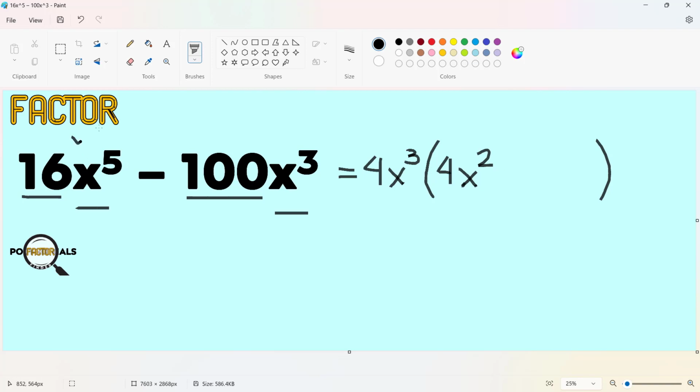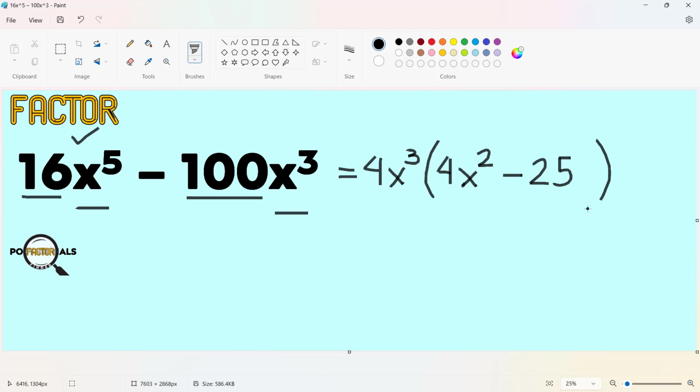We meet the first term. And of course, the second term will start with subtraction because it's subtraction here. 100 divided by 4, you'll get 25. As for our literal coefficients, since we take out x cubed, we don't have a variable remaining here, so it stays as it is. This is the process after taking out our greatest common factor.